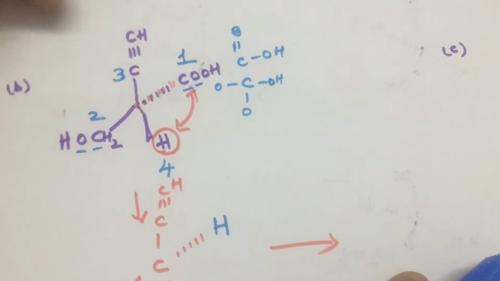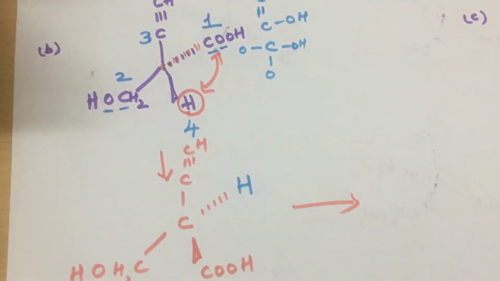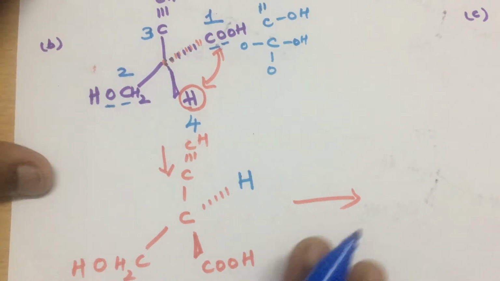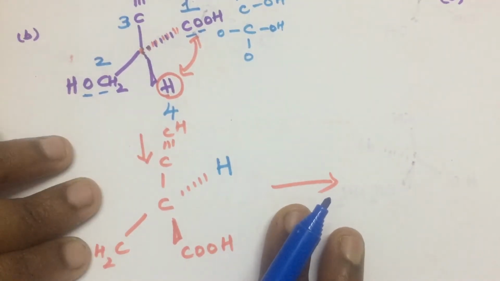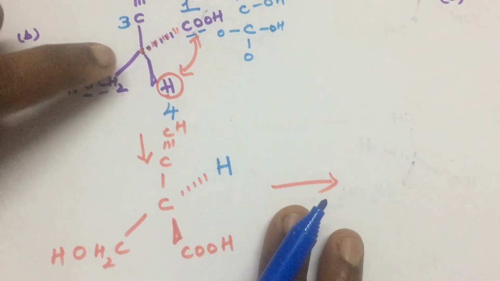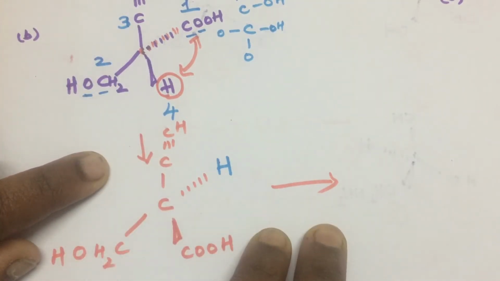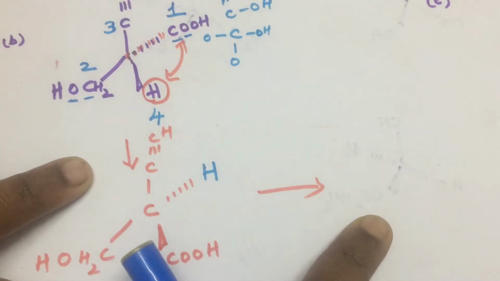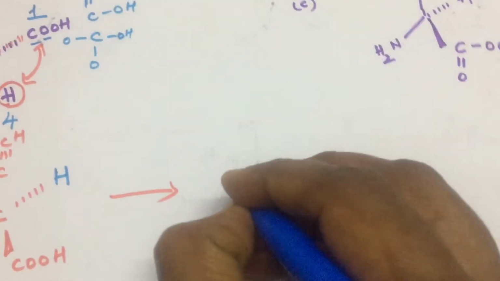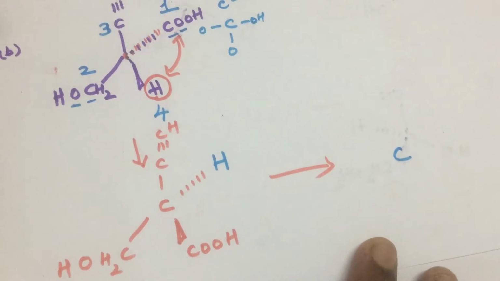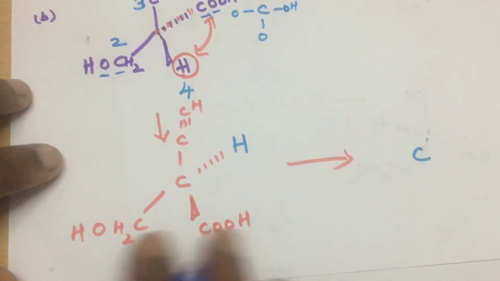Why are we doing this swap, students? Because we don't have a model to view in 3D, so we view only in two dimensions on the paper. When we make changes two times consecutively, we will get an identical structure. You can swap any two groups, not only adjacent groups.